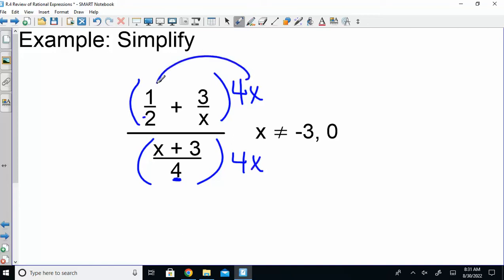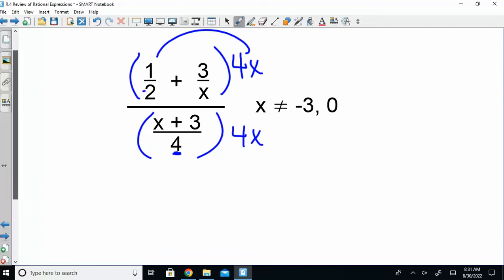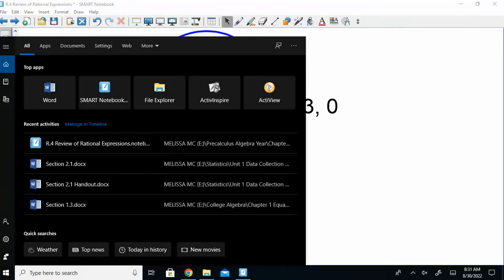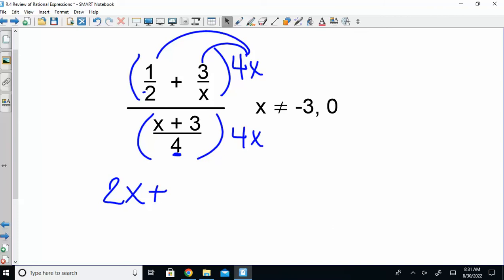Alright, let's see what happens. 1/2 times 4x. So 1/2 times 4 would be 2x. Then 4x times 3 over x. What happens to the x's? They cancel. And then 3 times 4 is 12.